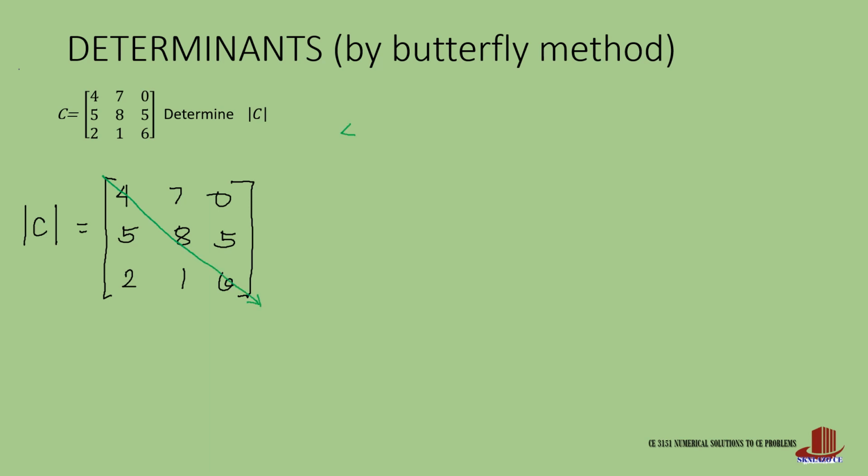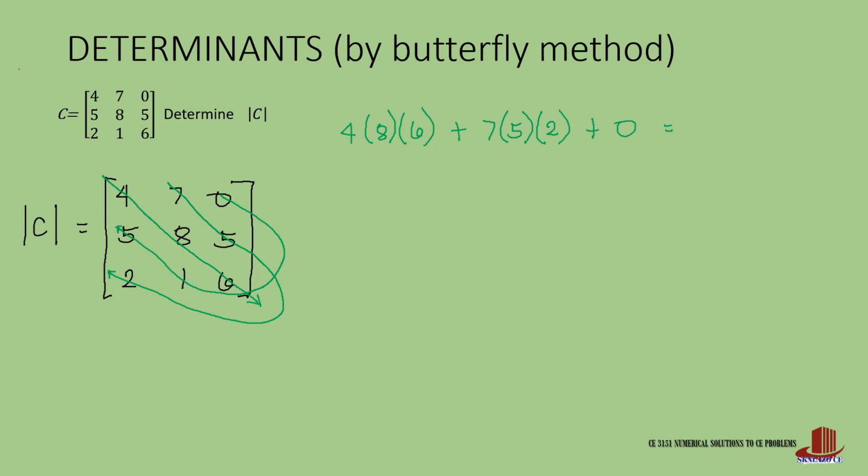That would be 4 times 8 times 6. Again, it's a positive, so use plus 7 times 5 times 2. And lastly, we would have 0 times 1 times 5, or let's just simply have it as 0.